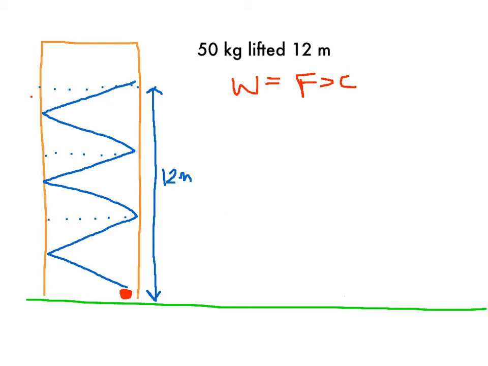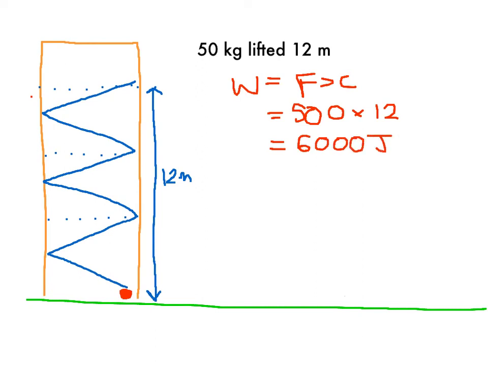So the work that I'm doing is the force that I'm applying. Now, to lift these boxes, I'm applying a force opposed to the weight force, so 50 kilograms times gravity is 500 newtons, times the displacement 12. So I'm doing 6 kilojoules, 6,000 joules of work.